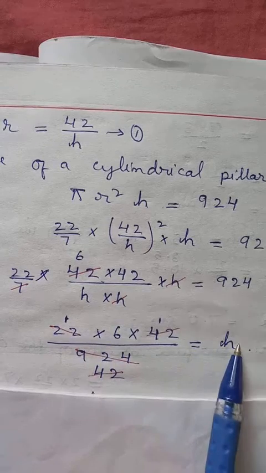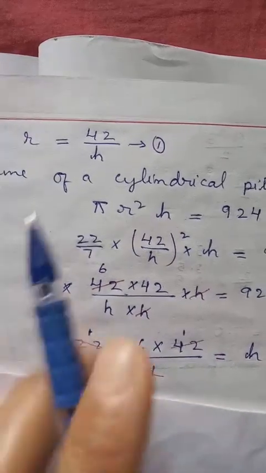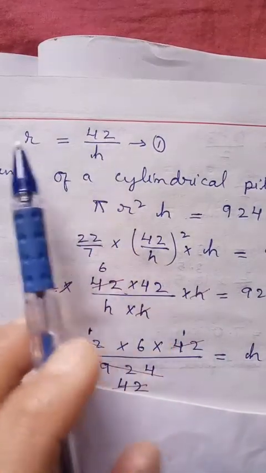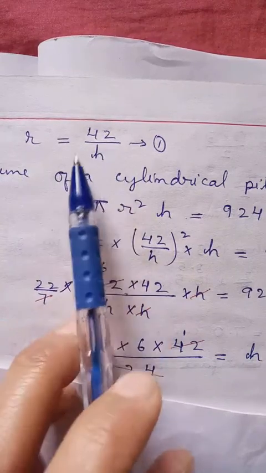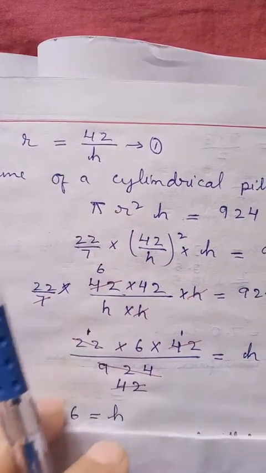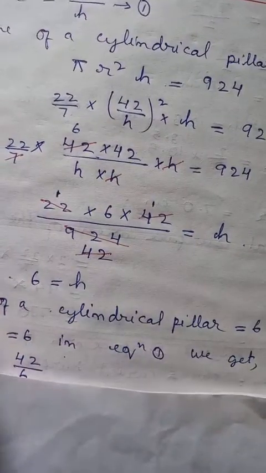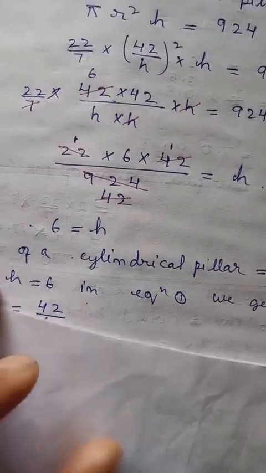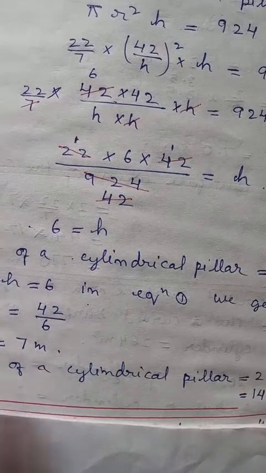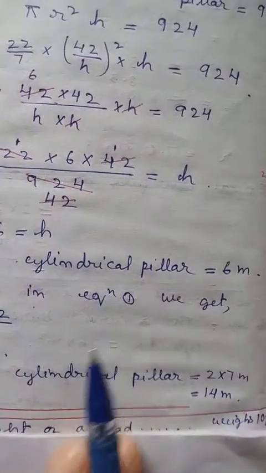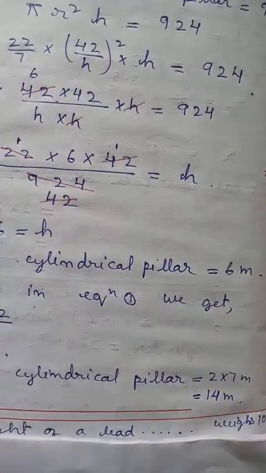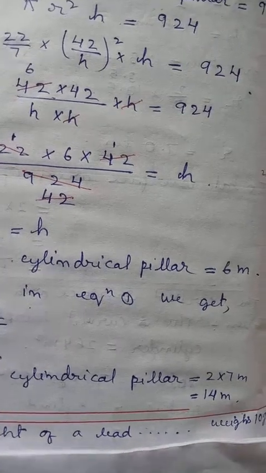Once we get h equals 6 meter, we can replace it in equation 1 to get r. So r will be 42 by 6, that means 7. But the question wants us to find the diameter. So we know diameter is double the radius. So 2 into 7 will be 14. So the diameter of the cylinder will be 14 meter.